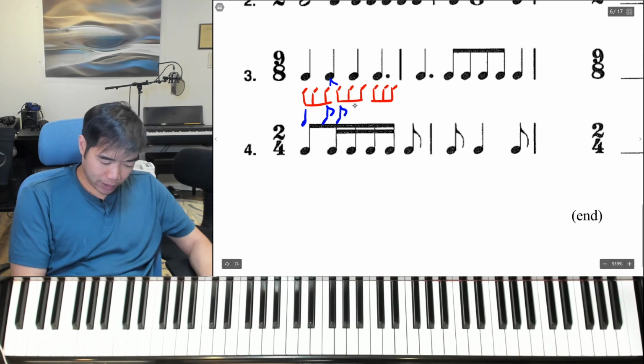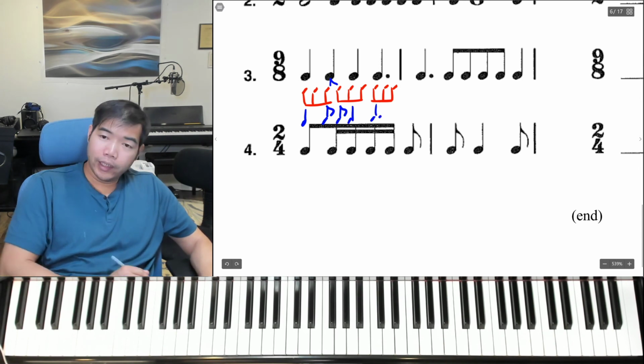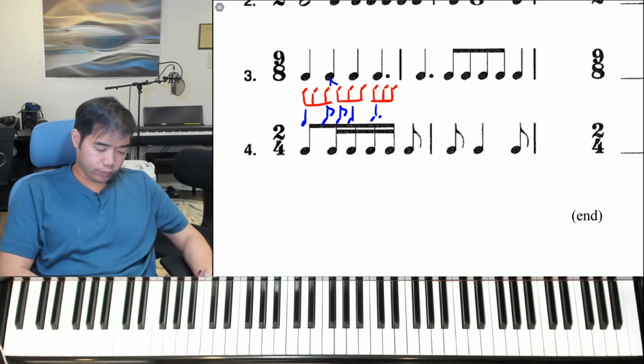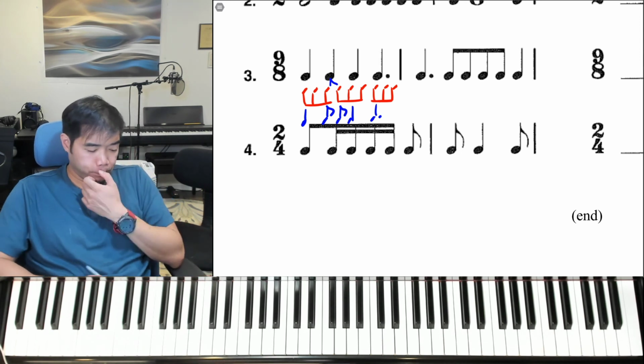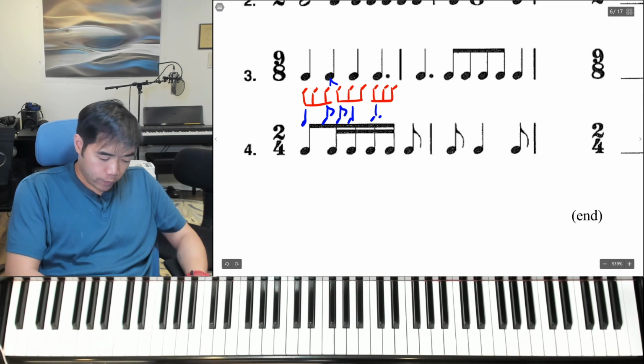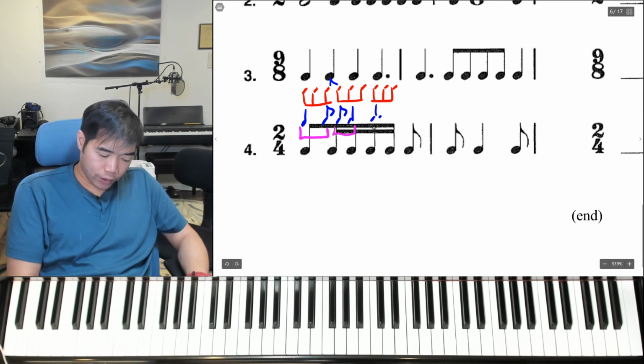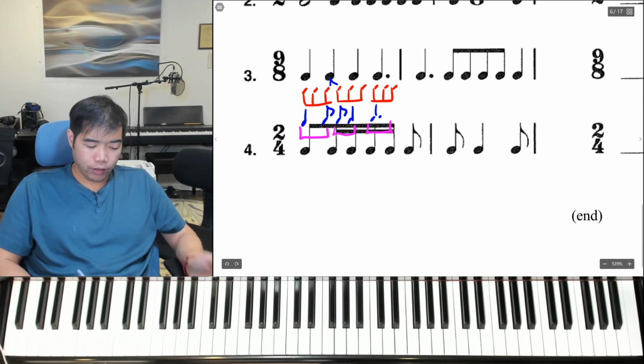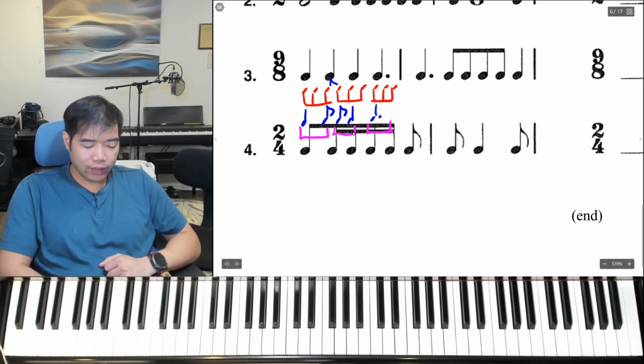This quarter is fine because it's within a beat, and this final dotted quarter is fine because it is all within a beat as well. So this is what you would write for this. And now we can see three groups. One group of three eighth notes, the second group of three eighth notes, and the final group of three eighth notes. 1, 2, 3, 4, 5, 6, 7, 8, 9.